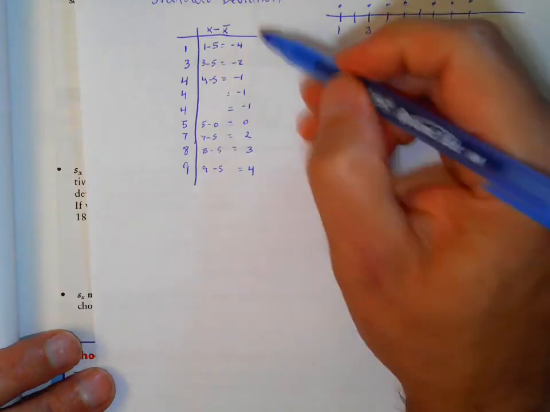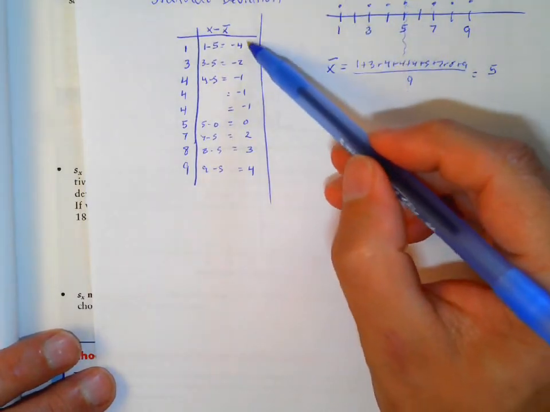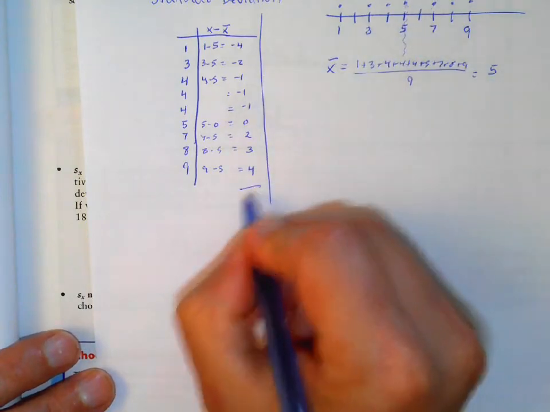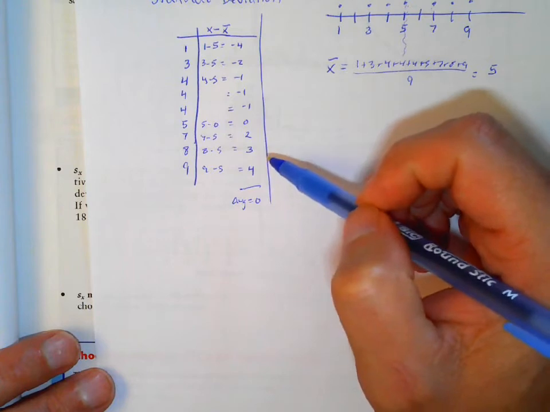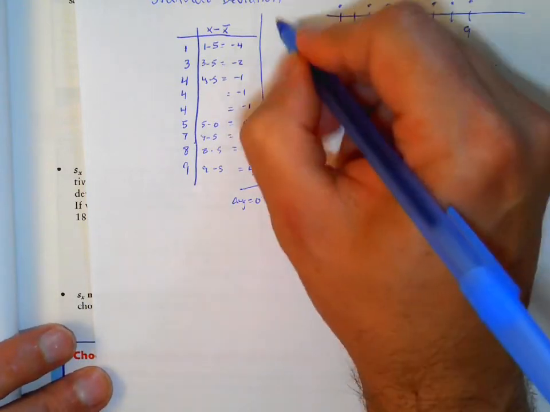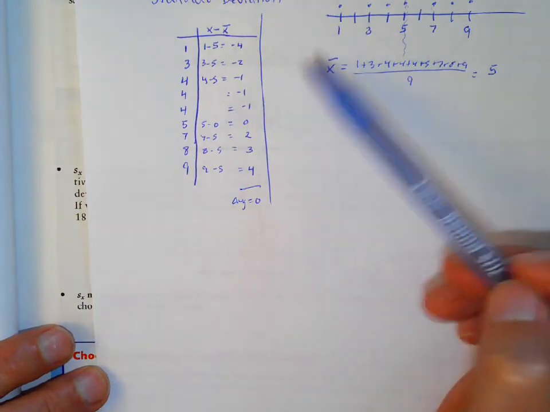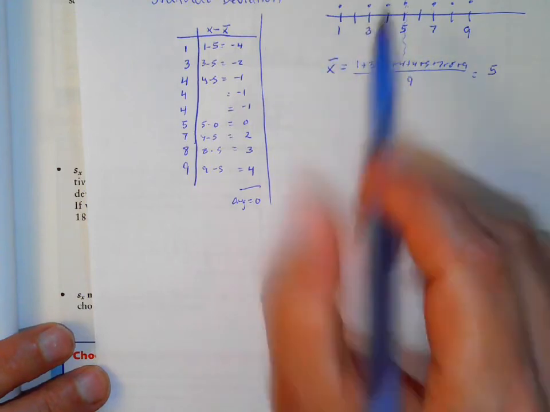Okay. Now when I say average distance from the mean, if you take these and add them up and divide by 9, it would give you an average of 0, because you have your positive and your negative numbers. To remedy that, in Algebra 1 you did something called the absolute value deviation, which isn't really used very much, so we're not going to talk about that. We're going to use standard deviation.